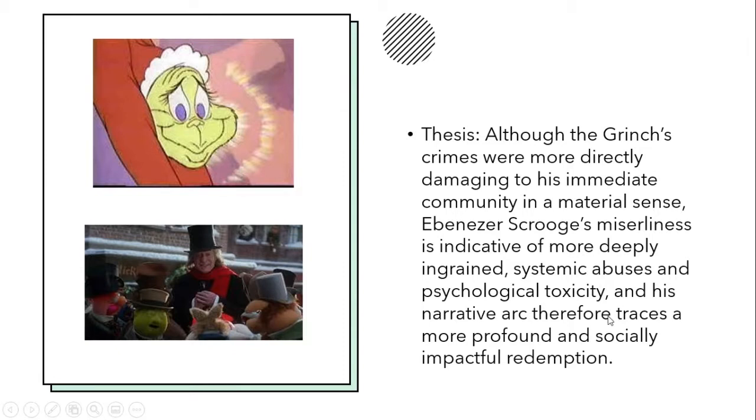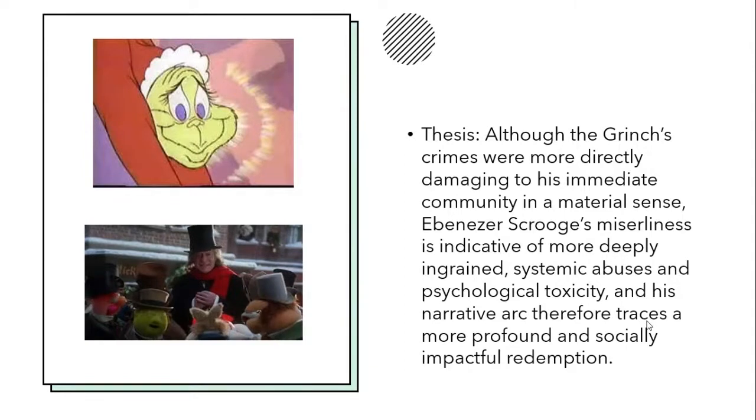But it's also implied just by making that comparison, just by saying that there is a more profound and socially impactful redemption. That strongly suggests, in such a way that it should be perfectly clear, that the Grinch also goes through some kind of process, just by that construction, right?